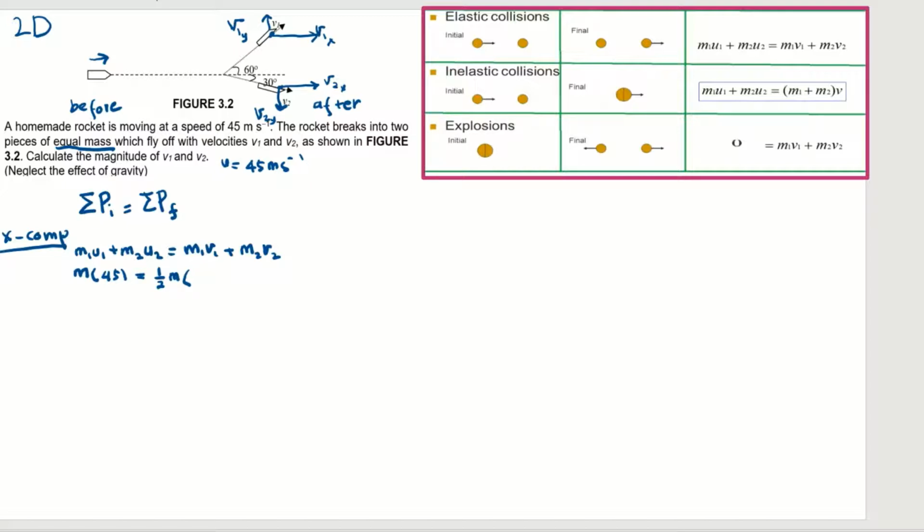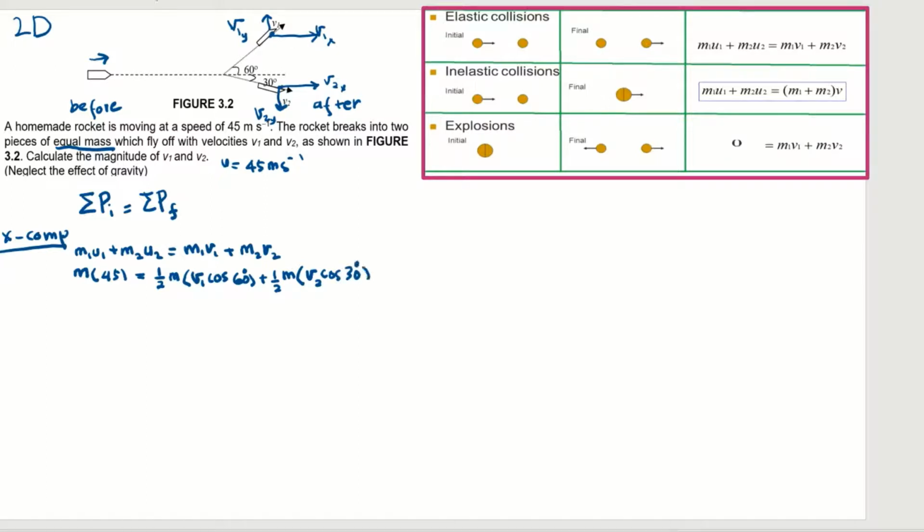Since the angle is 60 degrees, v1 is v1 cos 60 degrees, plus m2 is half m, and v2 is cos 30.